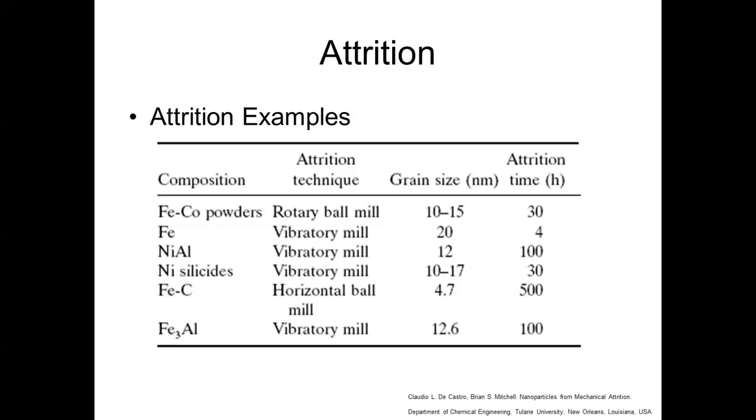And the iron carbide listed above that is going to take 500 hours, which is certainly a long time. But the thing I'm thinking about in that long time is you're going to have to power up the system for 500 hours. So in the end, the powder that you're making in 500 hours is going to be relatively expensive, because it took a lot of energy to manufacture this particular product.